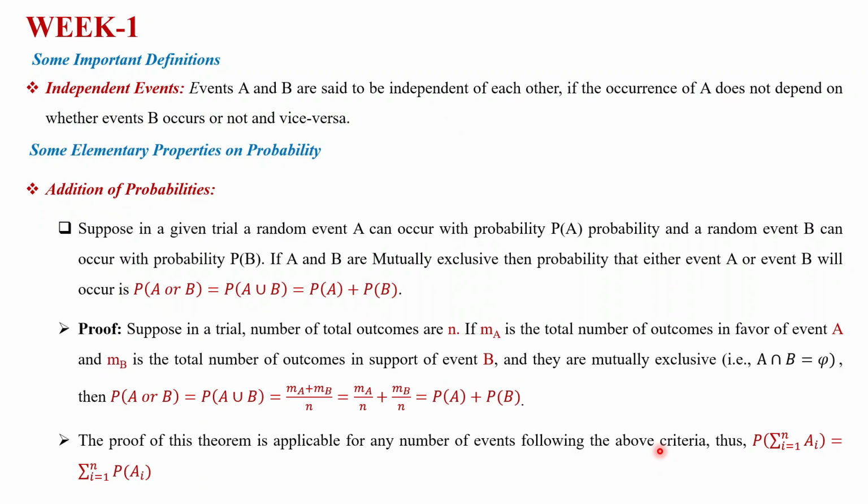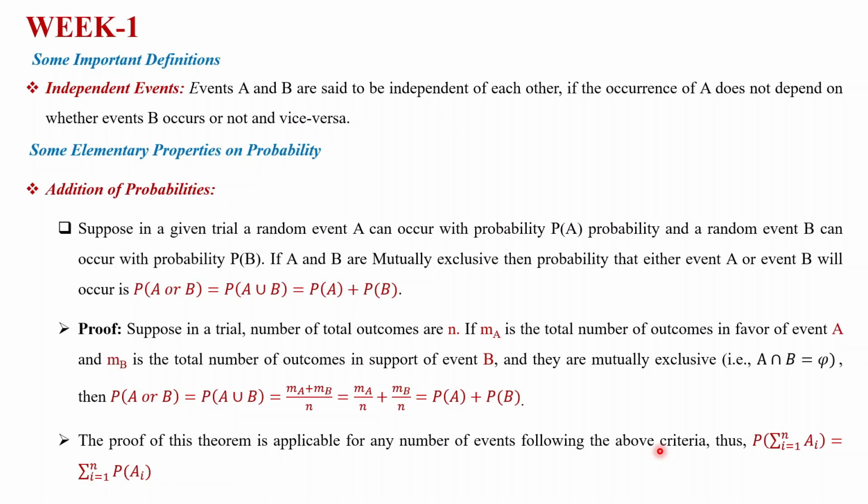And some elementary properties of probability: addition of probability. Suppose in a given trial, a random event A can occur with probability P(A) and a random event B can occur with probability P(B). If A and B are mutually exclusive, then the probability that either event A or event B will occur is P(A union B) equals P(A) plus P(B). Why is there no minus term here?